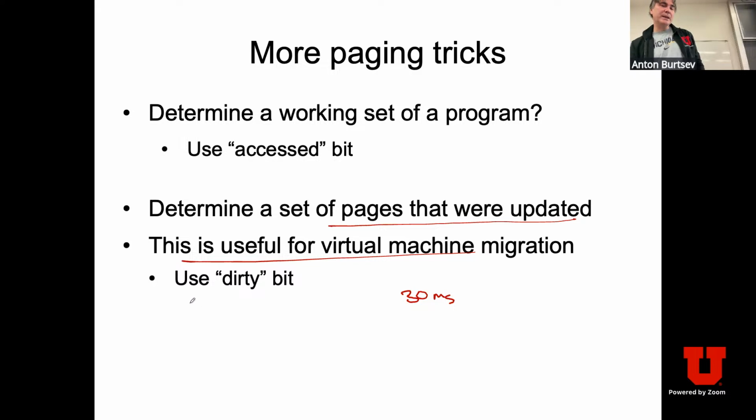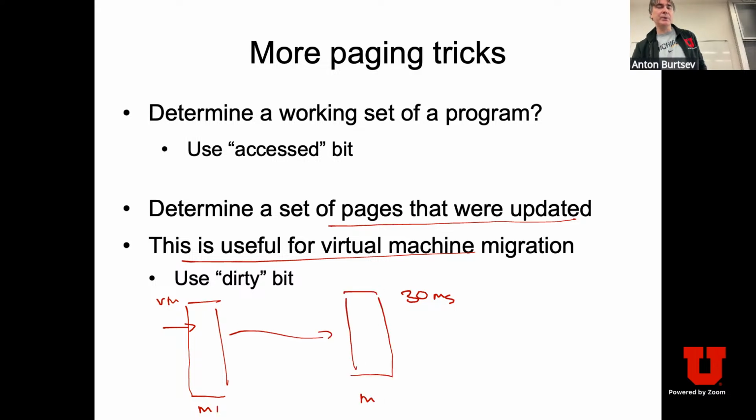The way it works is that if this is the entire memory of the VM, it keeps running on machine 1, and you copy the entire memory to machine 2. Then you track the dirty pages, and in the second iteration you only copy over the dirty pages, and you continue tracking continuously, maybe for 5 or 6 iterations.